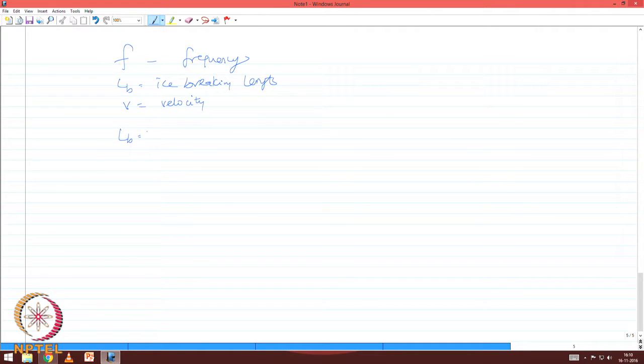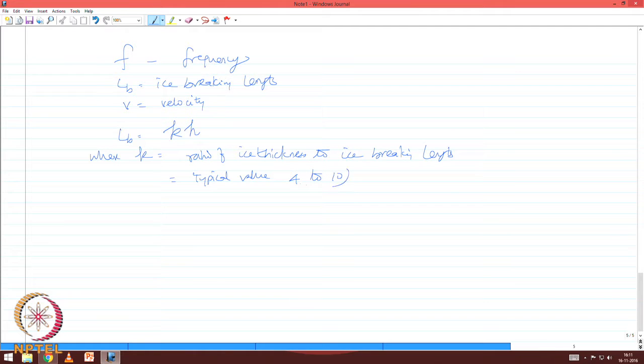LB, the ice breaking length, is given by K into H, where K is called the ratio of ice thickness to ice breaking length. Typically, it varies between 4 to 10.